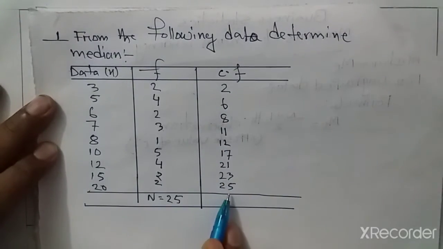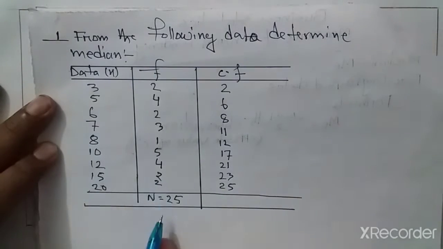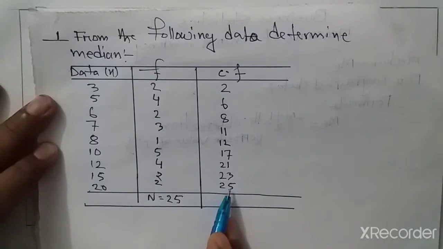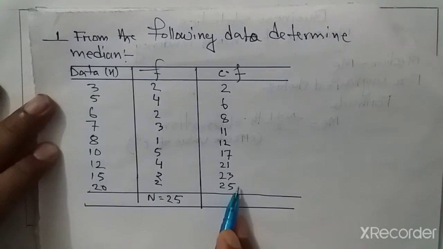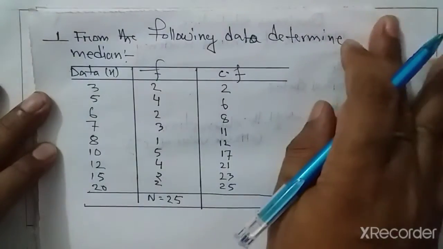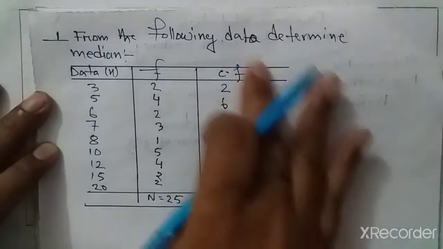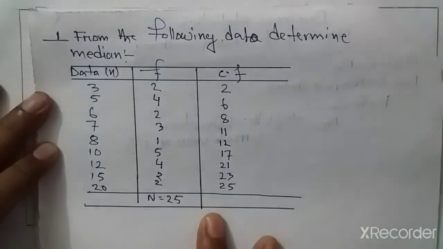The last value is 25 and the total frequency is 25. When the two values are equal, you can be sure the calculation of CF is right.